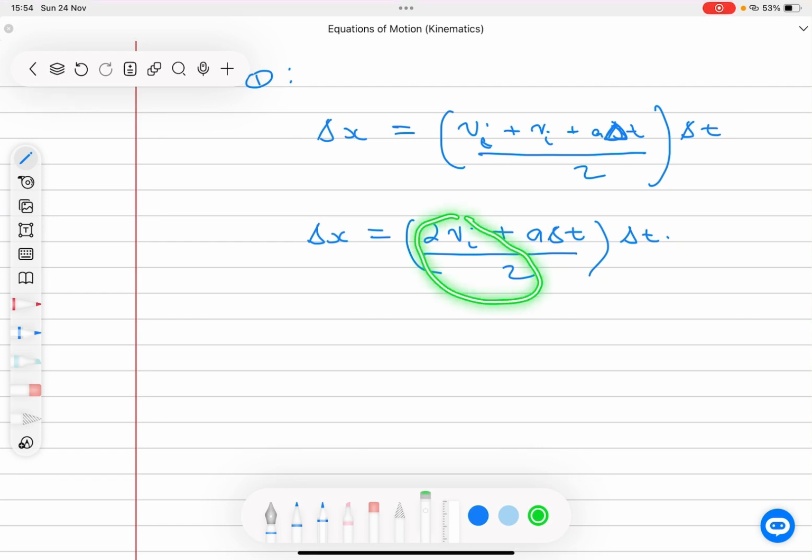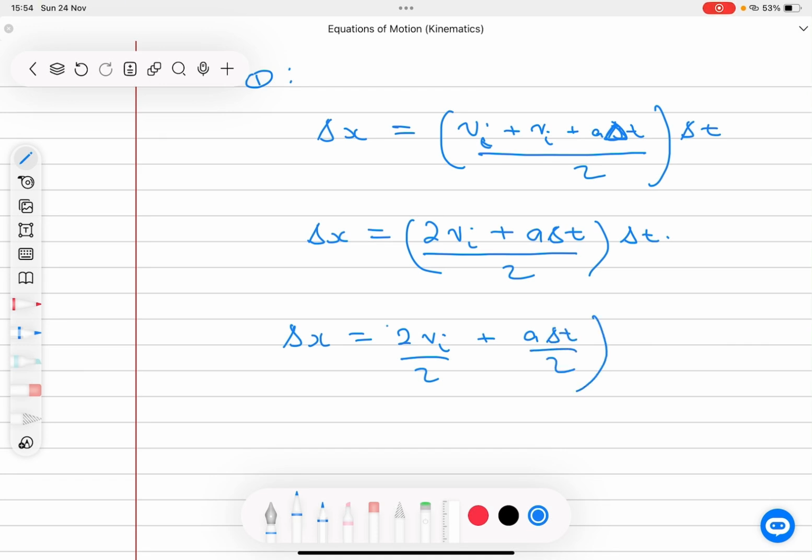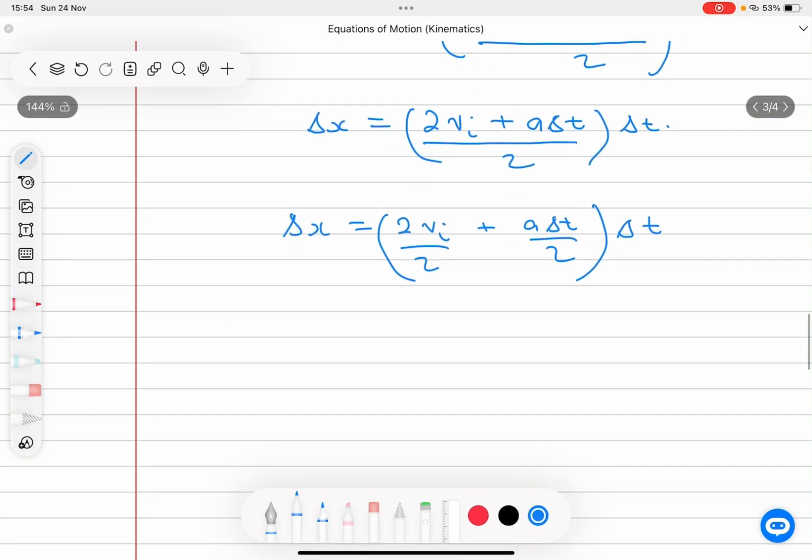Now what I'm going to do here is divide this by a 2 and divide this by a 2 as well, so that I have change in x is equal to 2 Vi over 2 plus A times change in t over 2, but remember I still have the change in t outside there. Notice that the 2 and the 2 would cancel, and here I'm going to have 1 over 2.